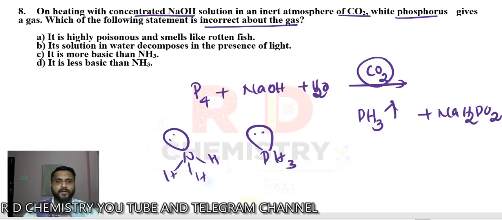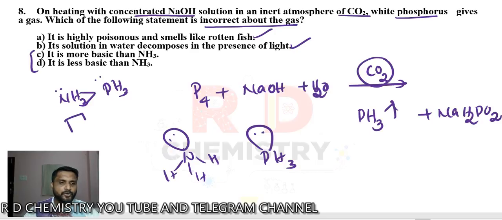To find the incorrect statement: option A, highly poisonous and smells like rotten fish, is a correct statement. Solution in water decomposes in the presence of light is a correct statement. More basic than ammonia and less basic than ammonia, these two options are given. Now, ammonia is more basic compared to PH3. Both contain a lone pair. Nitrogen is a small element and phosphorus is a large element.